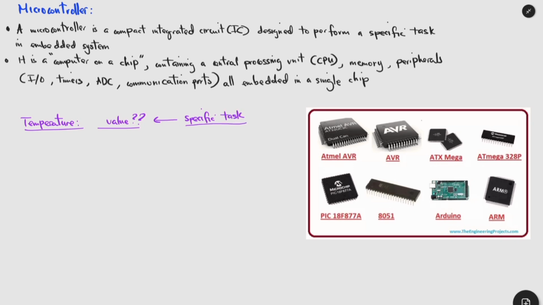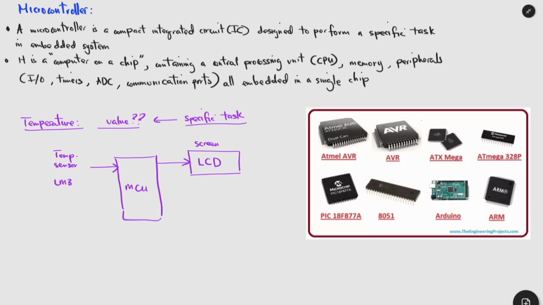So our task now is to find the value of the temperature. Imagine we have an MCU, which denotes a microcontroller, and we want to display the temperature on a screen, and this screen can be an LCD, and we can measure the temperature through a temperature sensor.